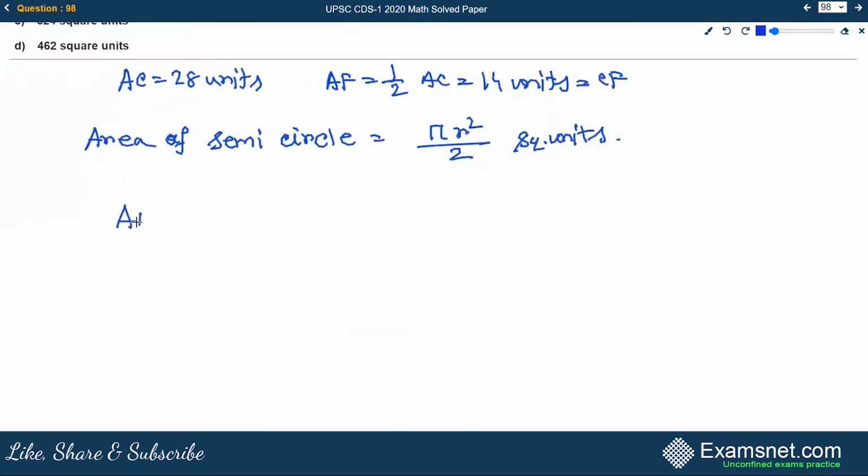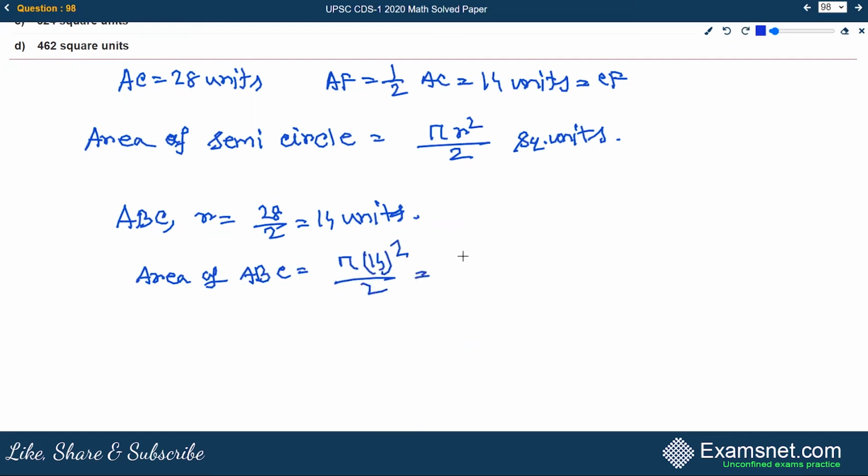For ABC, r is 28 by 2, that is 14 units. So the area of ABC is pi 14 square by 2. So it becomes 14 times 7, so it is 98 pi square units.